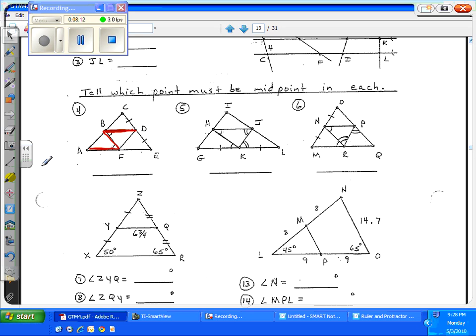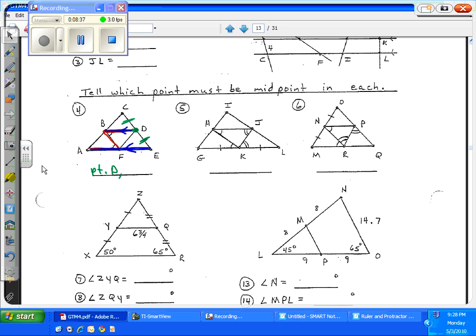Now, if that's true, then that tells me that this side right here is parallel to this side because alternate interior angles are equal. And I know then that this is a midpoint. Now, we know that point D is a midpoint because those two are equal.